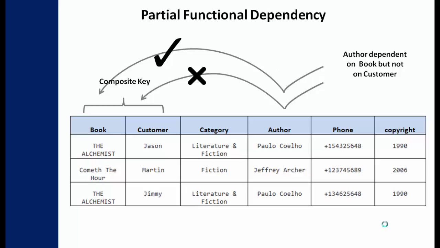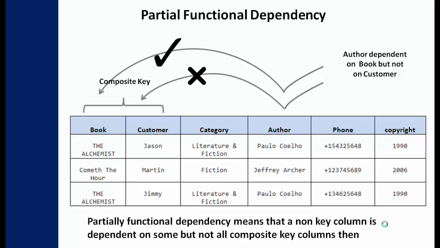The same can be applied for the copyright column. So author, which is a non-key column, is only dependent on one of the columns of the composite key, which is books. This is partial dependency. Partial functional dependency means that a non-key column is dependent on some but not all of the composite key columns of a table.